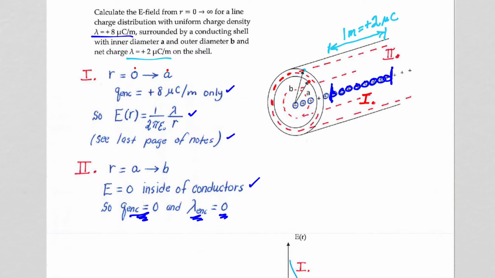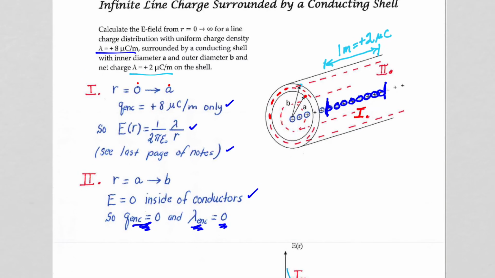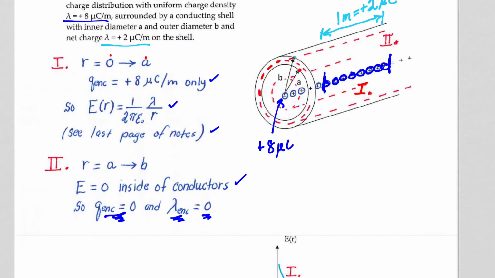What does that mean about the charge on the surfaces? We've done this before with the spherical conductor. We know that we have a plus 8 microcoulombs charge at the center. We need 0 Q enclosed inside of the conductor, so that means I must have negative 8 microcoulombs on the inner side of the pipe or the shell.